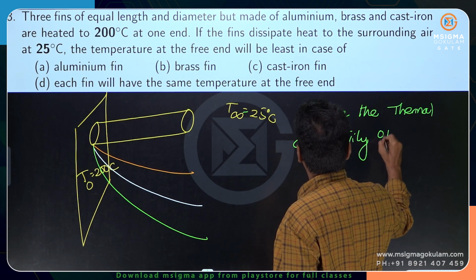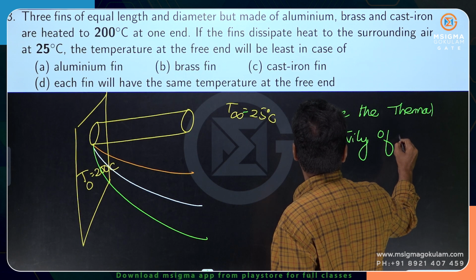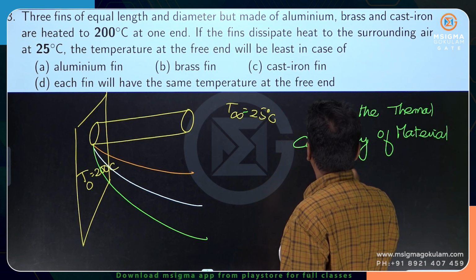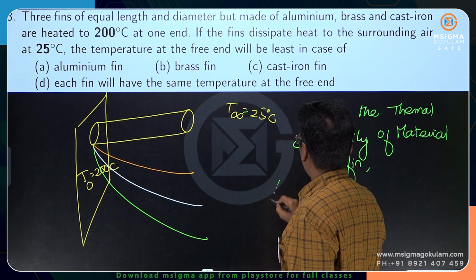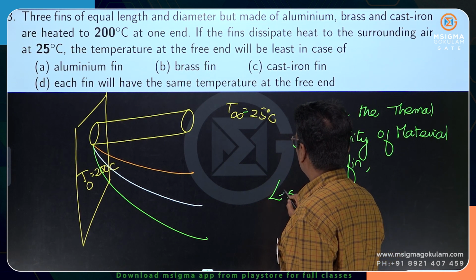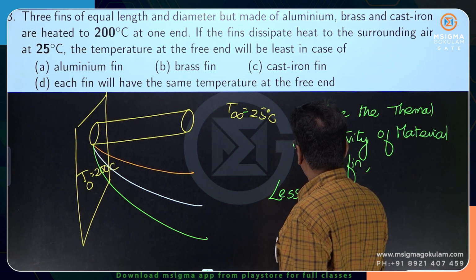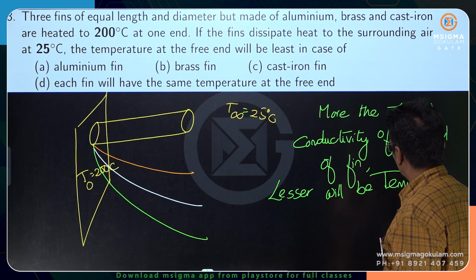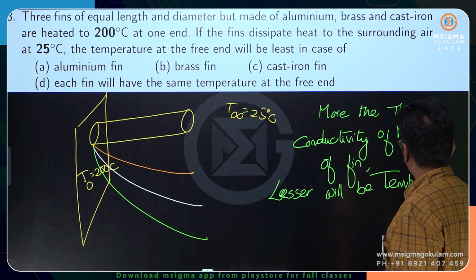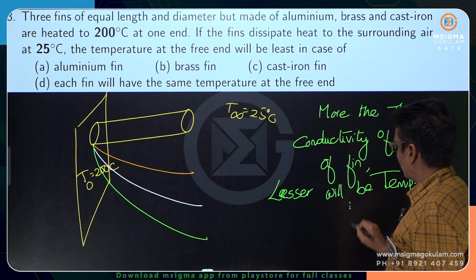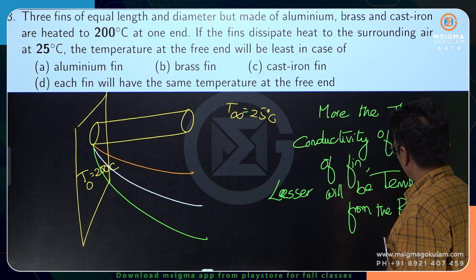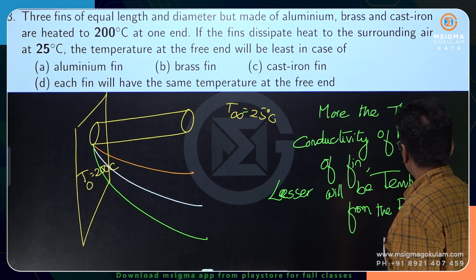The more the thermal conductivity of the material of the fin, the lesser will be the temperature drop from the root to the tip.